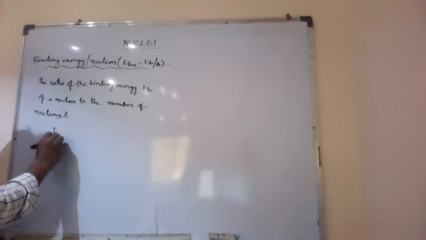So we write EBN, binding energy per nucleon, as EB by capital A. This is the formula of it.